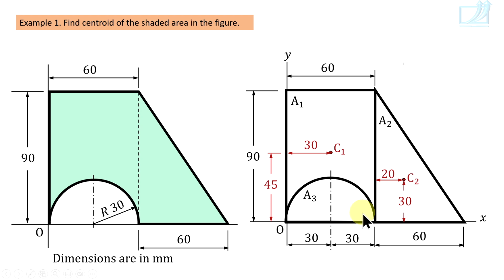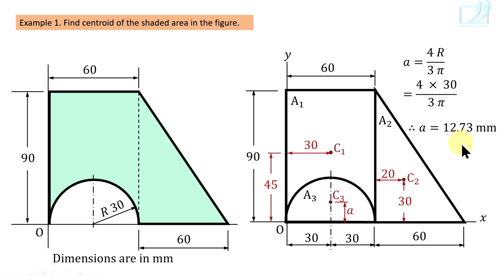So I have marked it on axis of symmetry C3. And where exactly on the axis of symmetry? At distance 4r by 3 pi. But I have labeled right now that distance as A. A is 4r by 3 pi. That is 4 into 30. Radius of this semicircle is 30. 4 into 30 divided by 3 pi. And it is 12.73 millimeters.